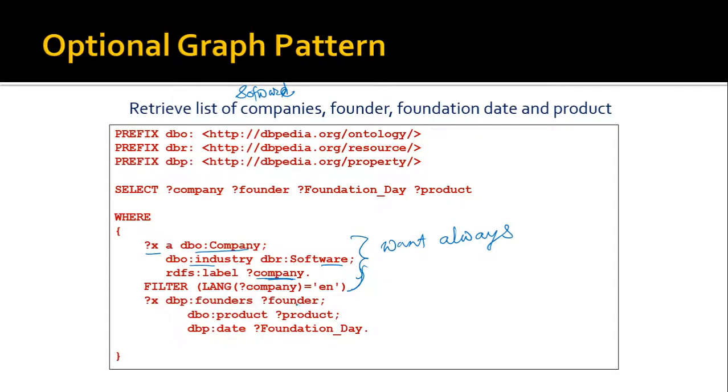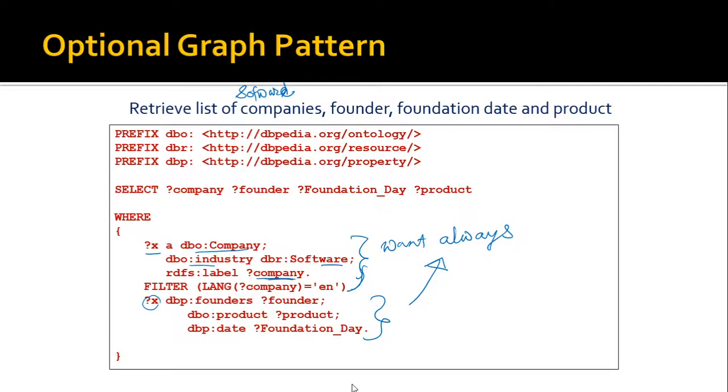And the next thing we are saying is that this X has founder to be founder, has product to be product, and has date to be foundation date. And this is also what I want. These two I want. Let us see what will happen if we put this query, right?